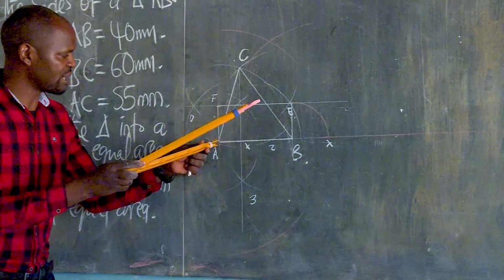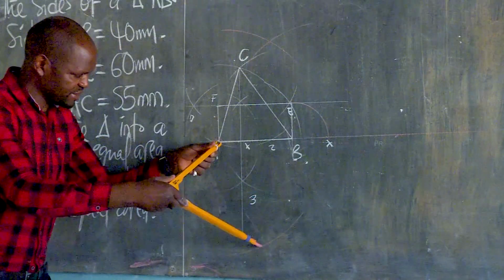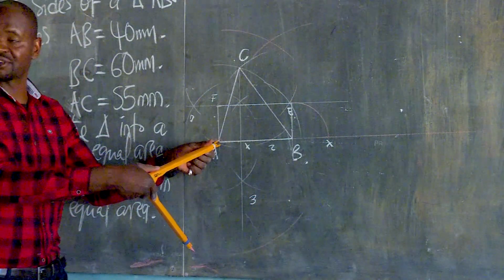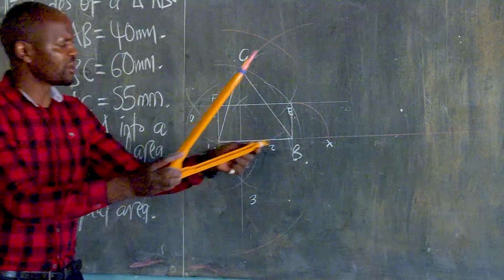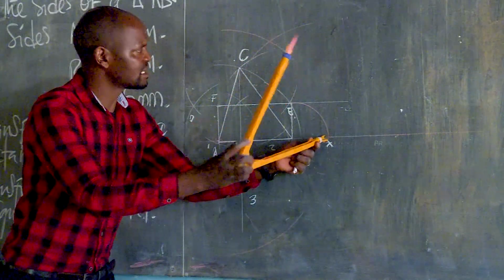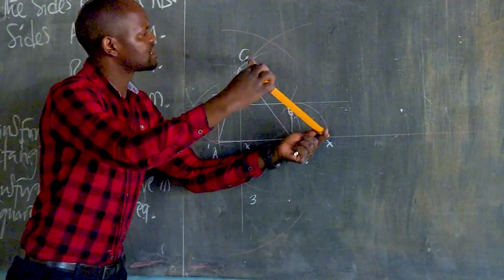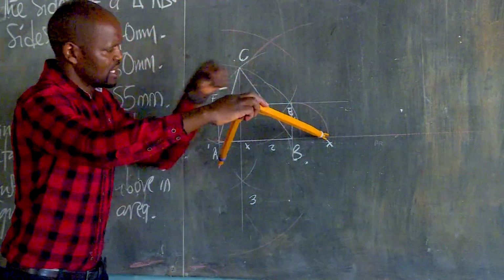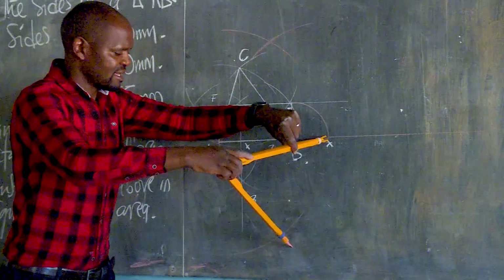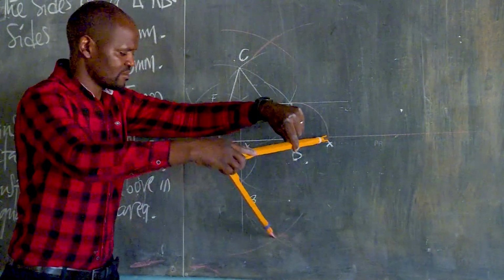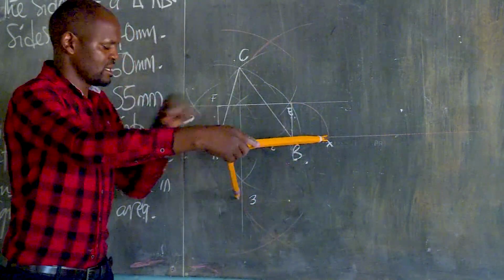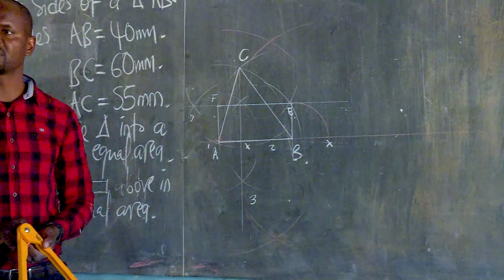So I'll still come here and check, is it in line with this arc? Yes. Are we together? Yes. Then I come on point X. Strike there. Is it okay? Strike there. Okay? And then you also strike there. Like that. Are we together?